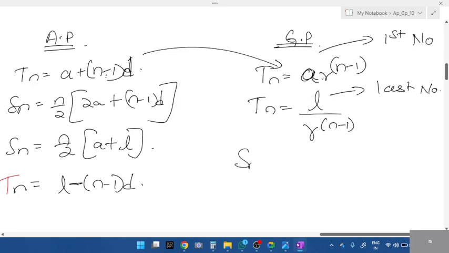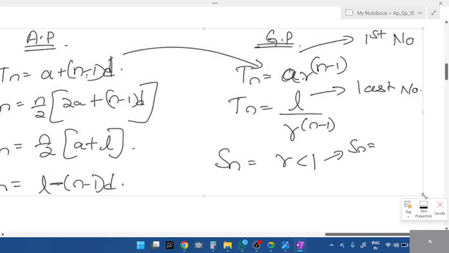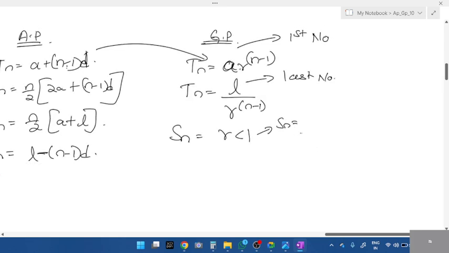Next, sum. S of n. There are two formulas for this. One, always you should calculate the r value. If r is less than 1, what is the S of n formula, students? Check. a into... correct.